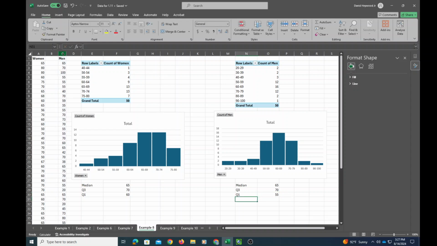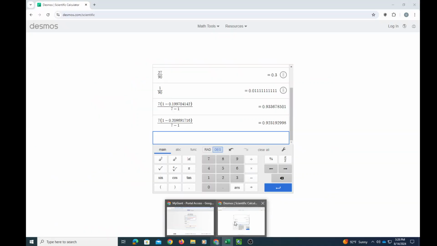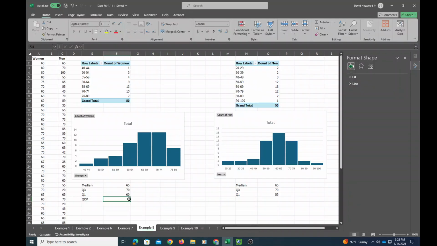Okay, and so then to get QCVs, let's come back over to the women. QCV. You could do this in Desmos. I'm just going to do it here in Excel. Okay, so I'm going to say that this equals. I'm going to open up some parentheses and say Q3 minus Q1. Close the parentheses, and then divide that by.